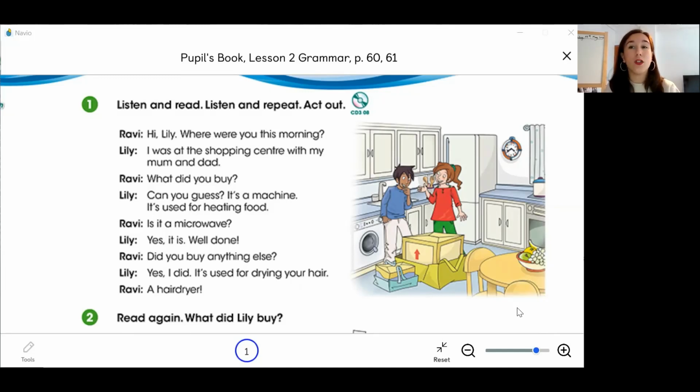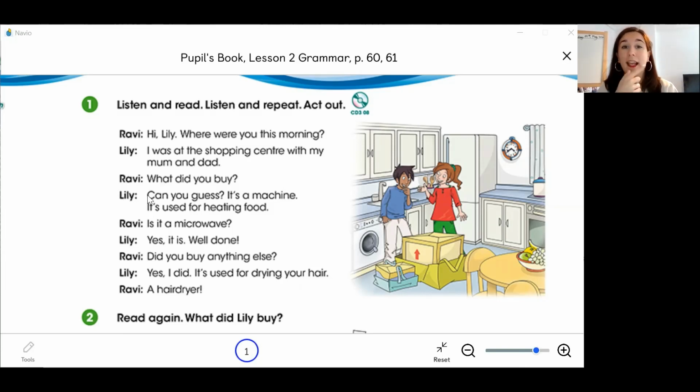On Tuesday, you had to listen to a dialogue between Robbie and Lily, okay? Robbie says, "Hi Lily, where were you this morning?" And Lily says, "I was at the shopping center with my mom and dad." And Robbie says, "What did you buy?" And Lily says, "Can you guess?"